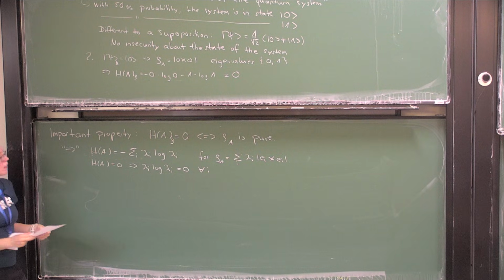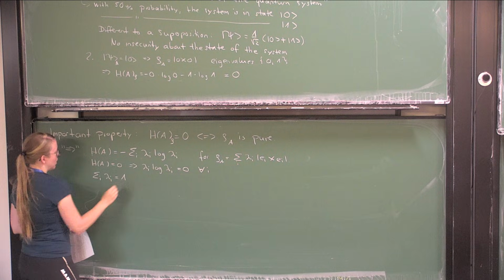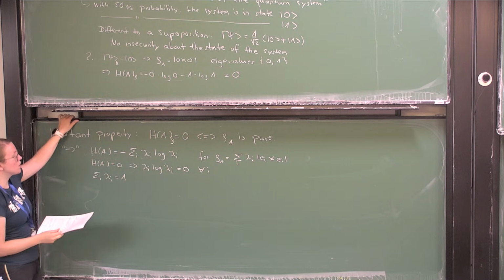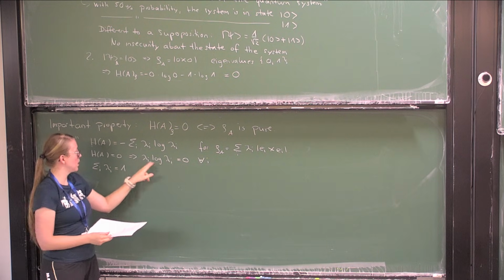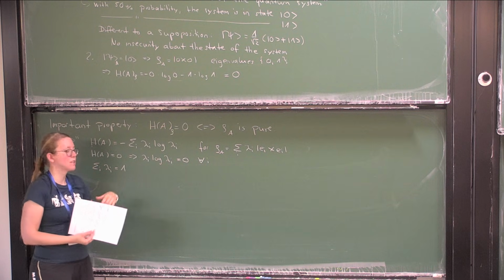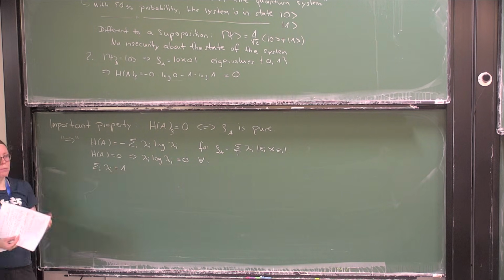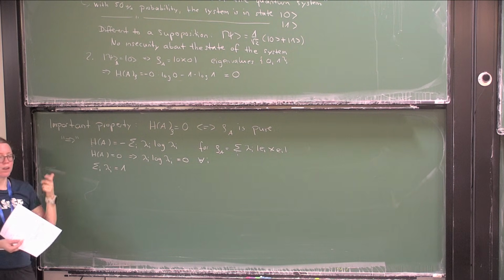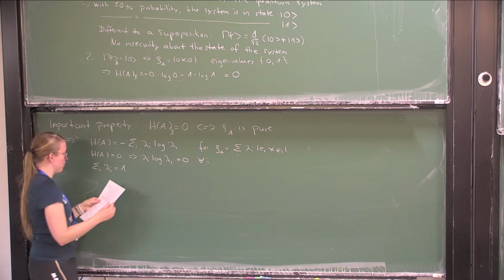And we also know that the sum over all these eigenvalues is 1, because it's a probability distribution. And this term lambda times log lambda equals 0 can only be fulfilled if lambda is either 0 or 1. And if they all have to sum to 1, that means there can be exactly one eigenvalue lambda i star that is equal to 1, and the rest have to be equal to 0.